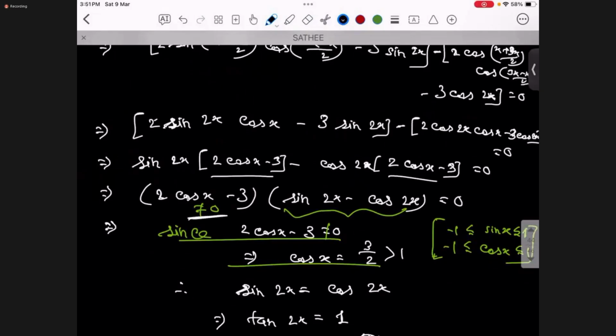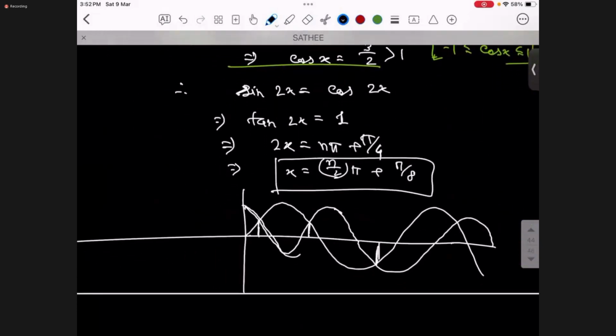Because if this is 0, then cos x becomes 3 by 2, which is not a possible case. So the other term will obviously be 0. From there we have found the values of x for which this equality holds, and we can find all possible x's.